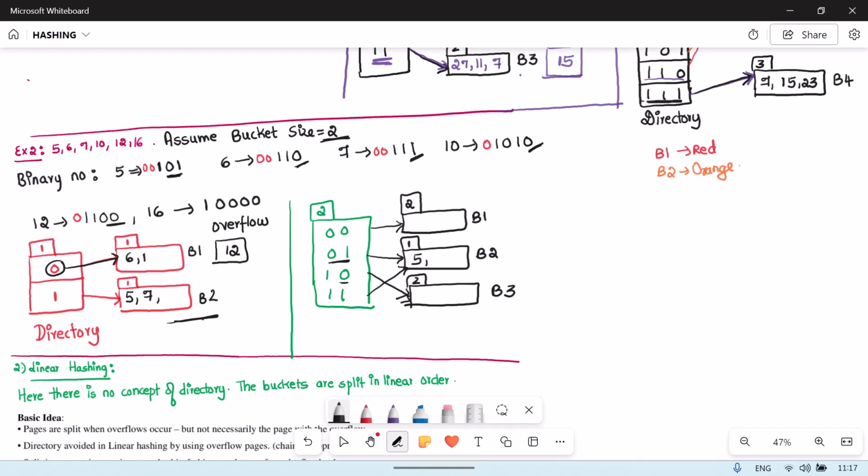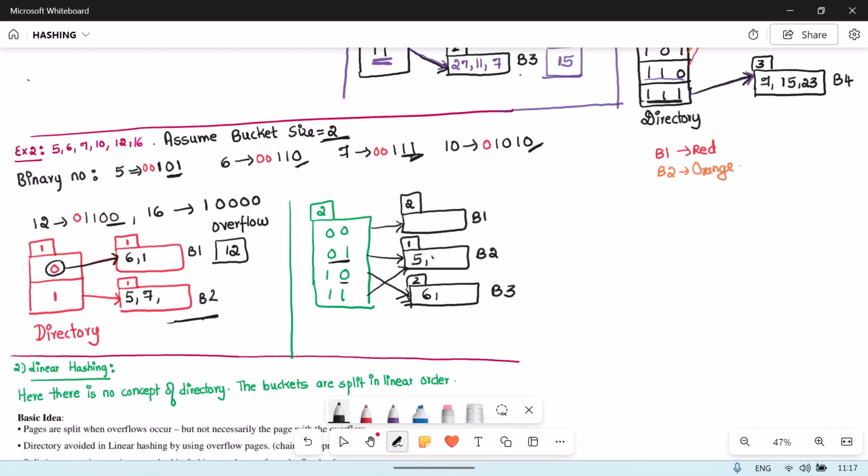So first is 01, so 5. 6 is 10, so 10 is here. 10 is 6. And 7 is 11. So 11, so 5 and 7 will come here.